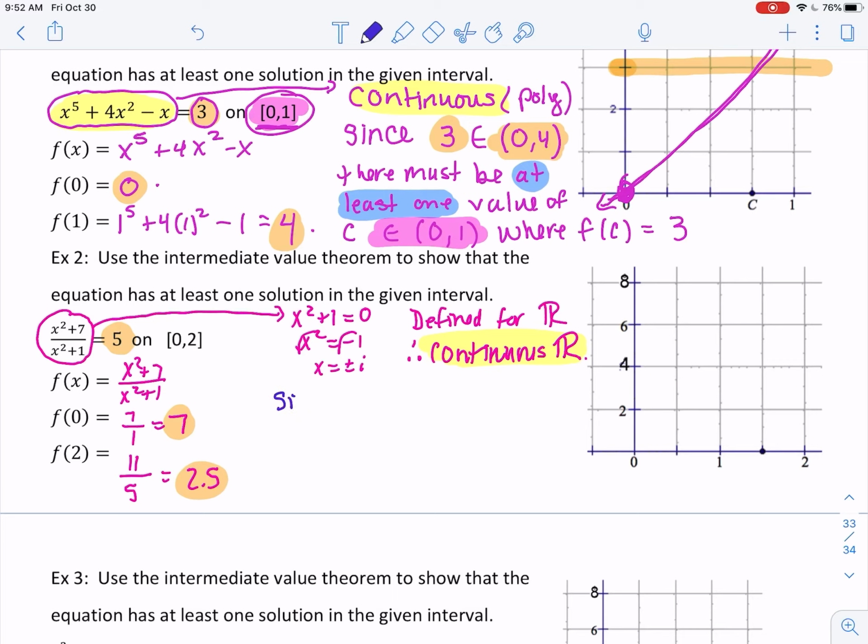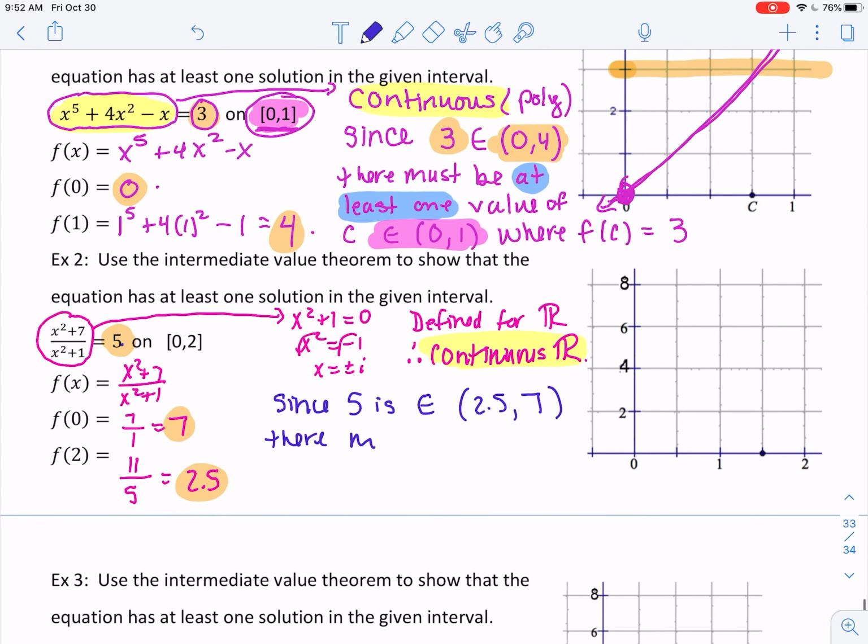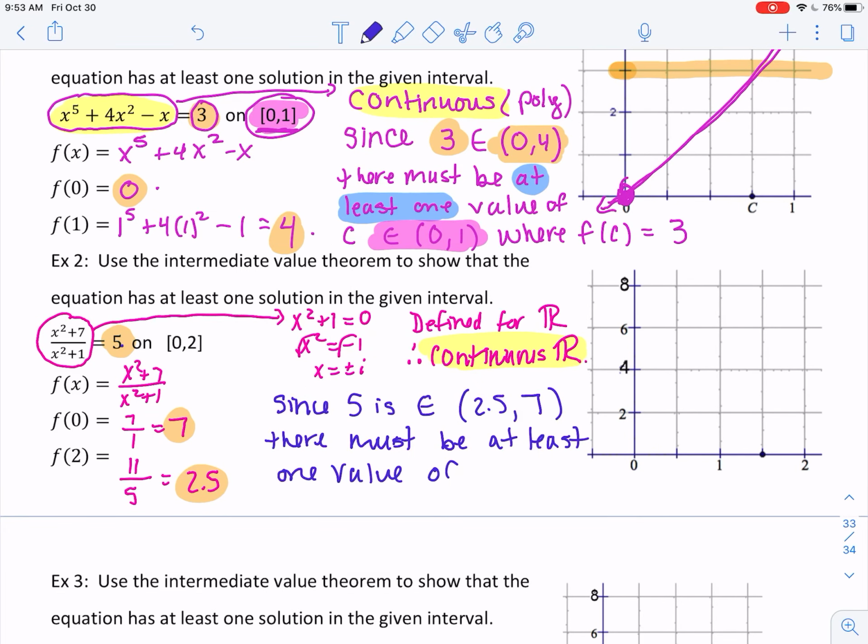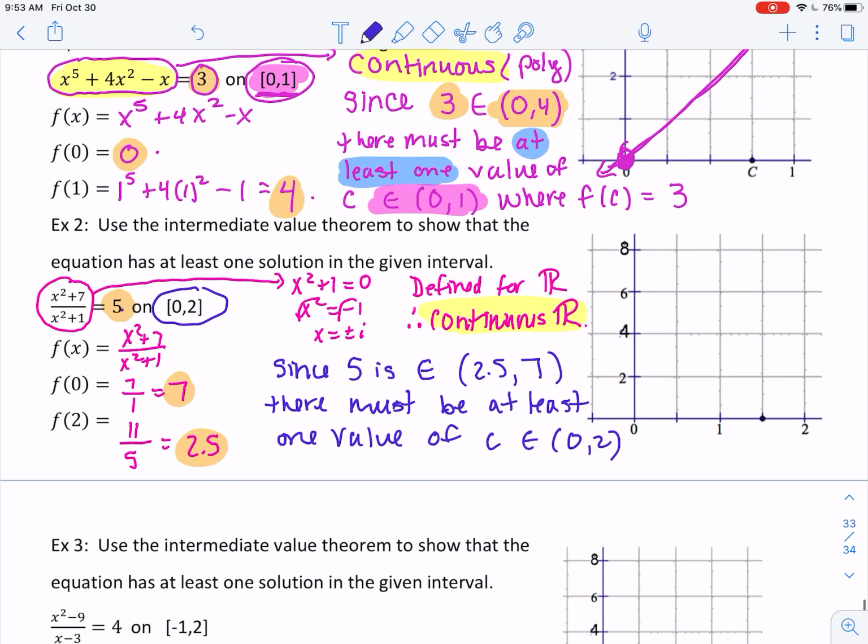We got to write since 5 is in the set 2.5 to 7, there must be at least one value of C in the open interval 0 to 2 where f of C is equal to 5.